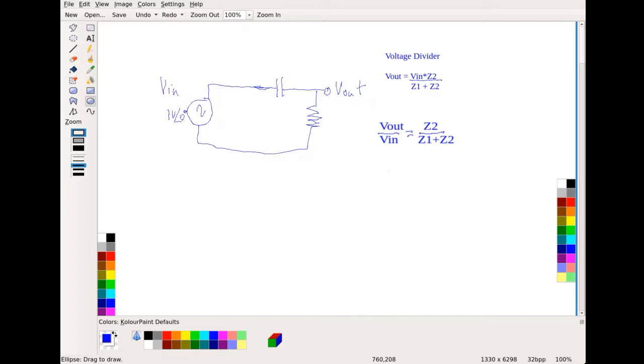If we look at a simple voltage divider, we know that the voltage Vout is equal to the voltage Vin times Z2 over Z1 plus Z2, where Z2 would be the resistance or impedance. I've just left it generic as Z2 and Z1.